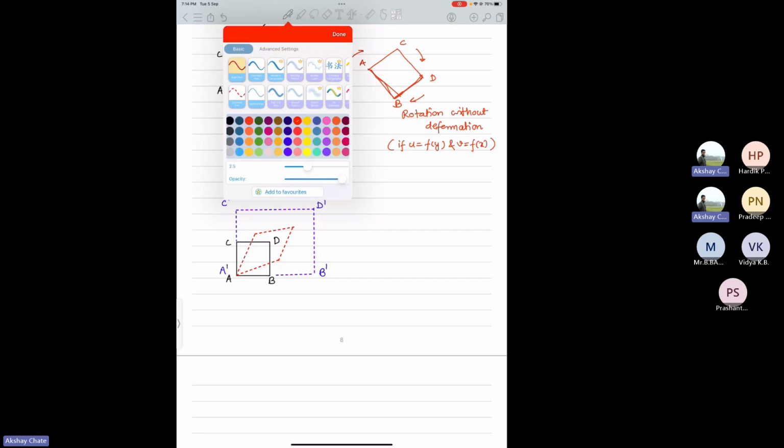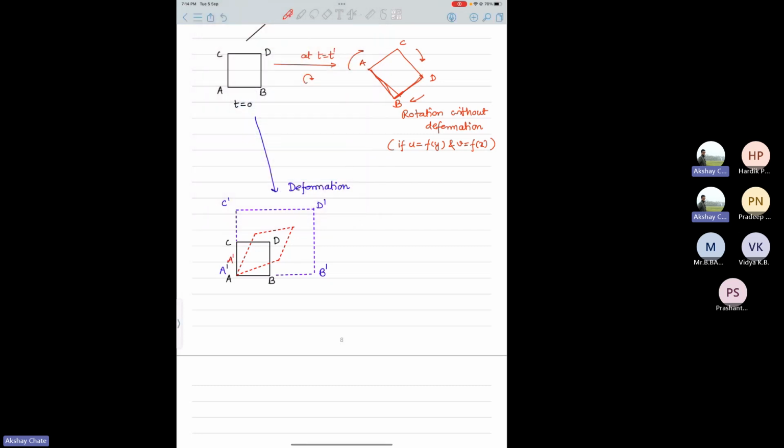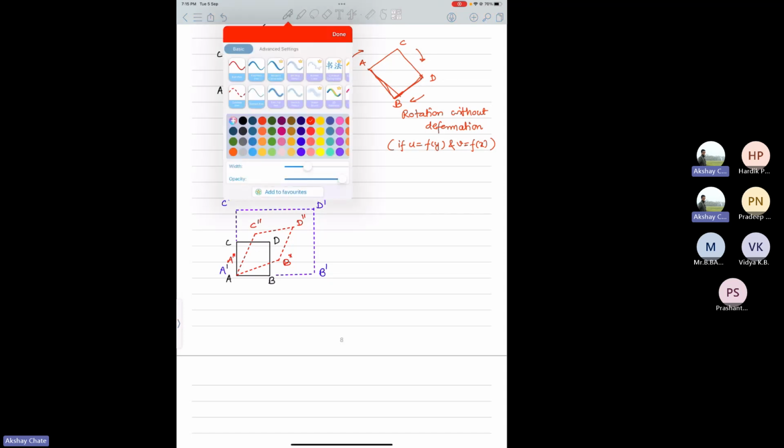So that is your angular deformation. So here also your A dash is the same point, but C dash is here. Maybe I'll use double dash: C double dash, D double dash, B double dash. So what I'm trying to say is deformation can be angular or along the principal axis. So that's how you need to study it.